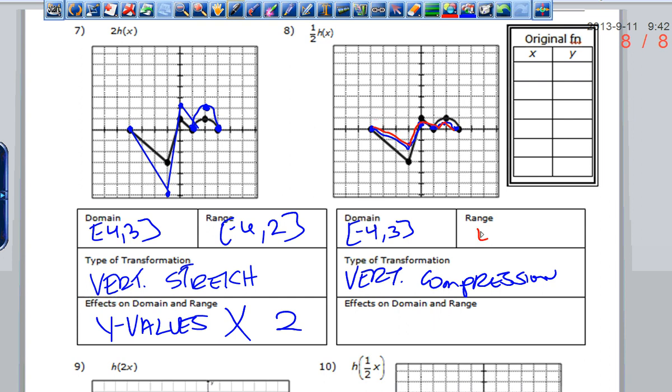So now it's going to go from -1.5 to, what's my highest y value? 0.25, or 1/4. So y values, we say divided by 2. Once again, this table is just to write out the original function ordered pairs if we want. We kind of already did that, so no need to be redundant.